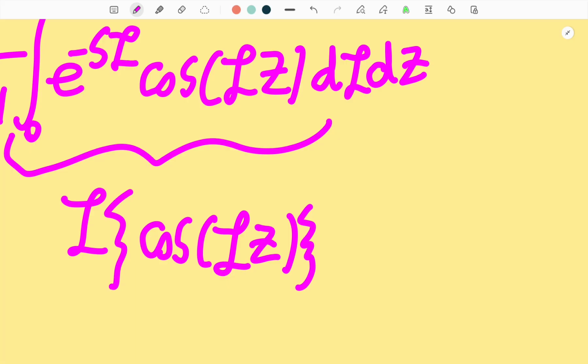We can do that, or we can look up our table of Laplace transforms and solve this.